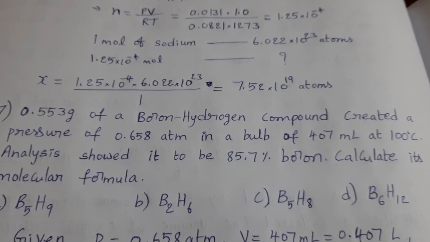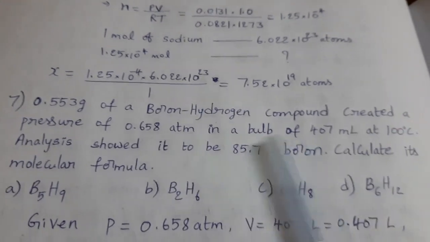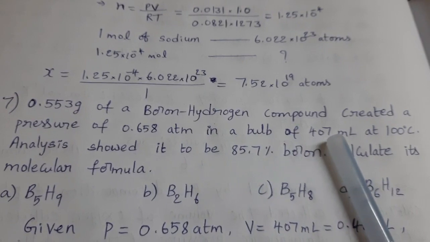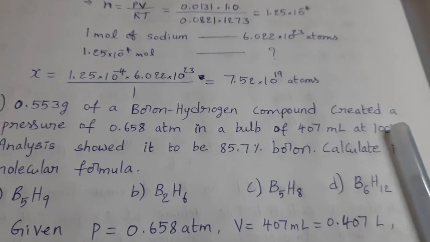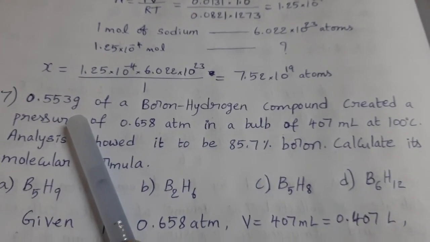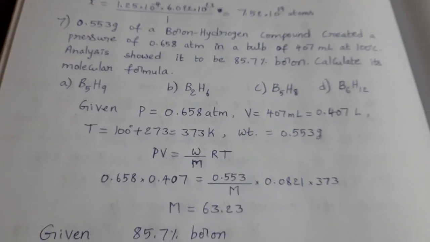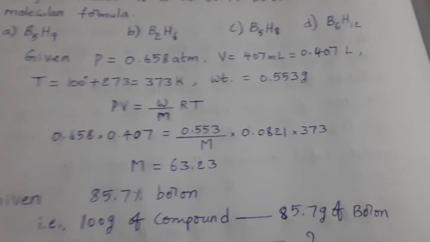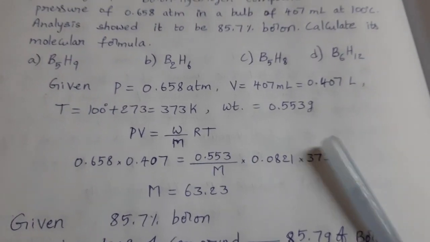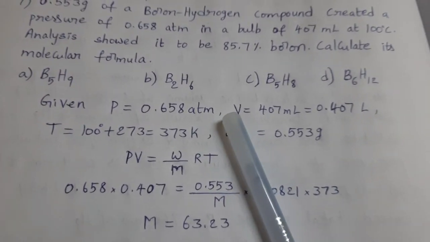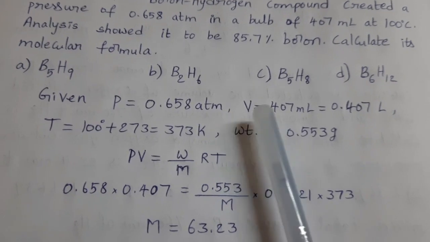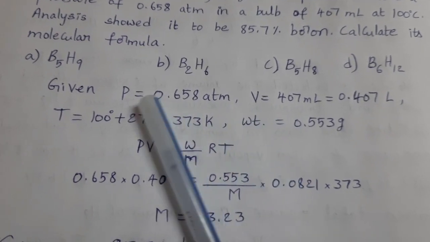Calculate its molecular formula. Okay, pressure, volume, temperature, mass of the substance is given. Now find out number of moles. That means from this we have to get first molecular mass of the substance or molar mass of the substance.